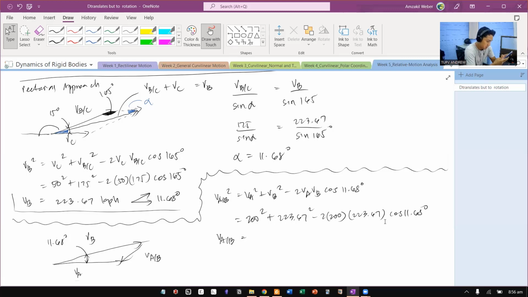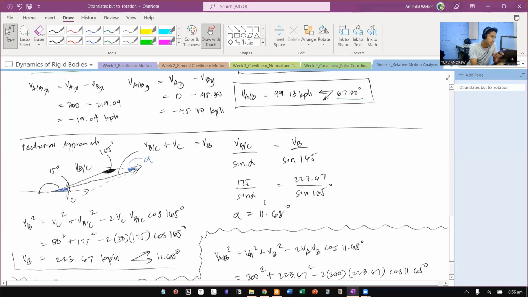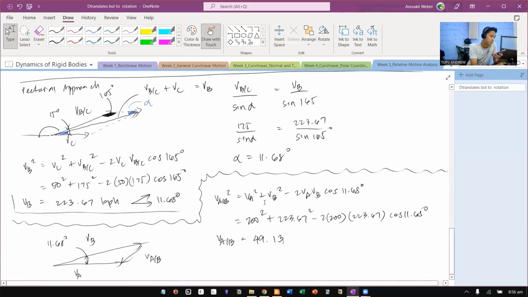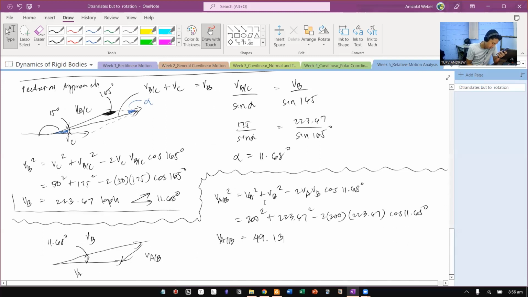So 200 squared plus 223 squared minus 2 times 200 times 223 times cosine 11.68. The square root of this is 49.13. So it's the same. Okay, check this below. Yeah, 49.13.